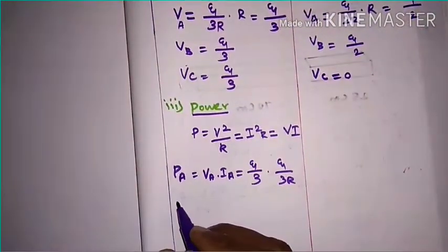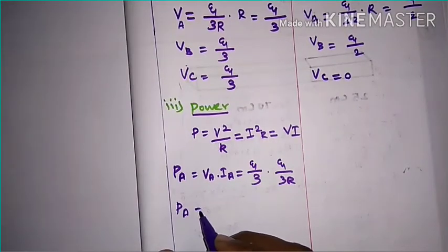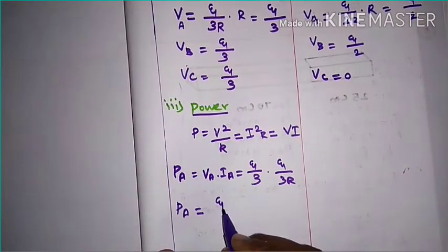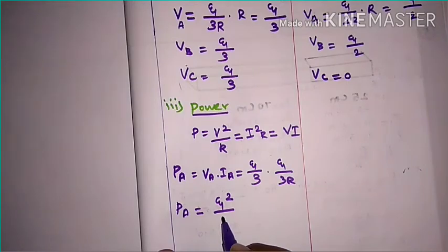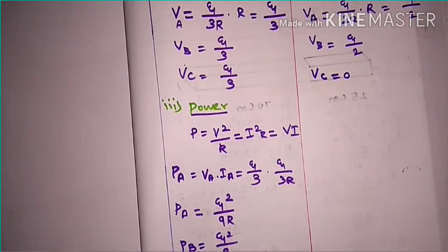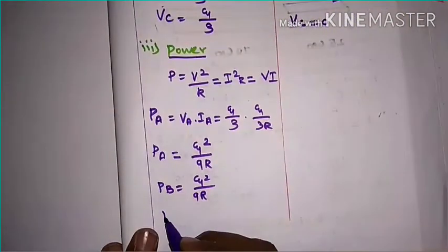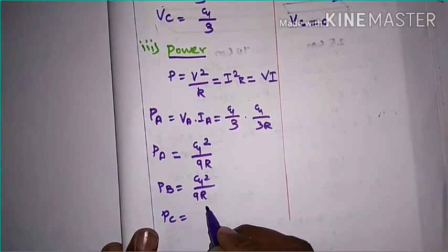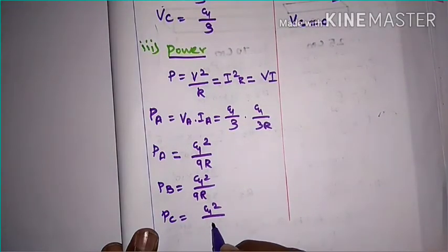So the power PA is equal to psi square divided by 9R. Similarly, PB is also the same value, psi square by 9R, and for the third resistor P is also equal to psi square by 9R.